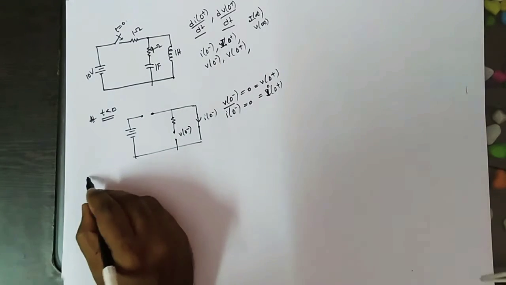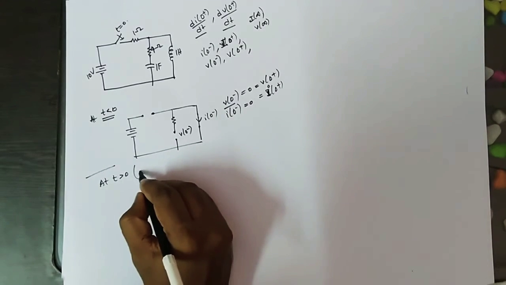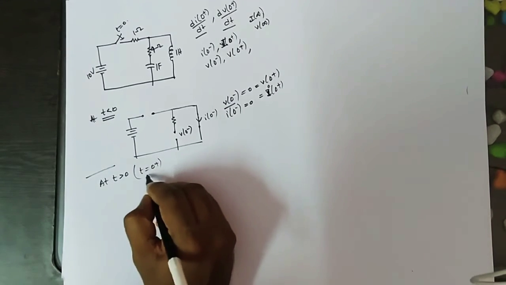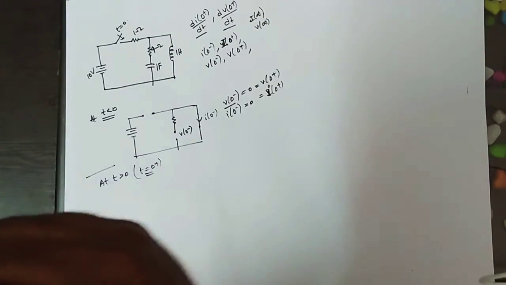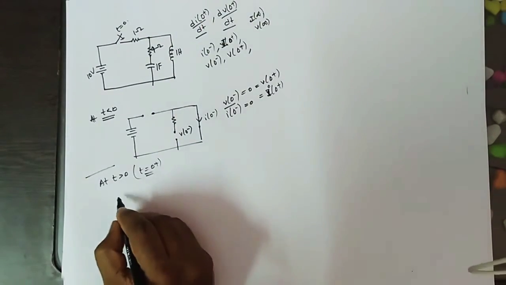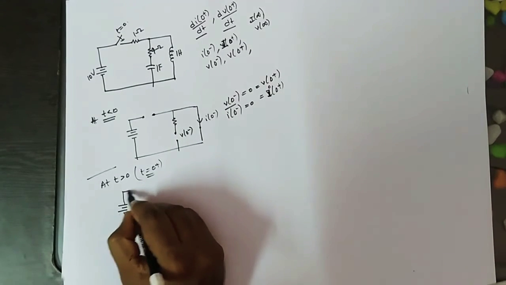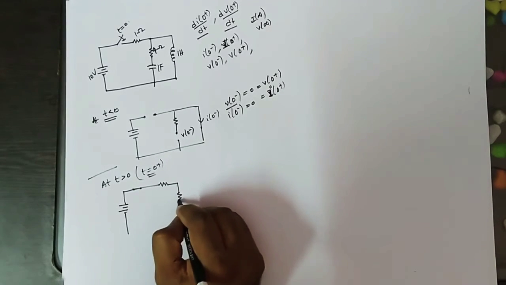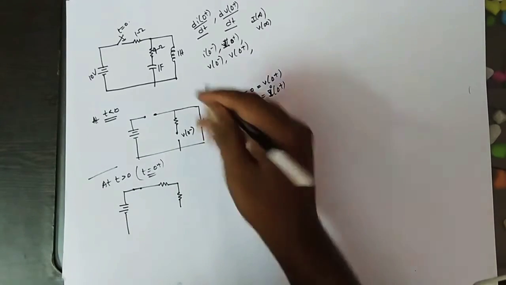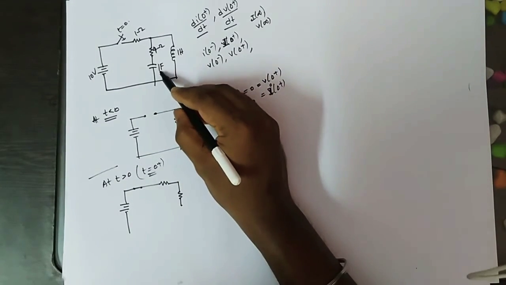Now at t greater than 0, at t equal to 0 plus, by using these values we will draw the equivalent circuit. The switch is in on condition. Now you need to draw the equivalent capacitor and inductor. At t equal to 0 plus, the inductor doesn't allow sudden changes.